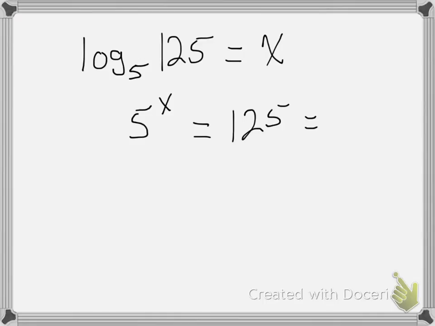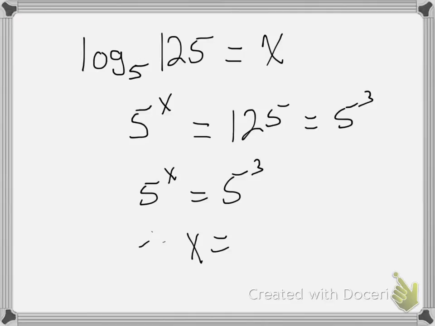Well, 125 equals 5 to the third power. 5 to the x equals 5 to the third power. Therefore, x equals 3. Now, showing this work is enough of an explanation to show why 3 is equal to the log base 5 of 125. Okay. So that's all you really need to do there.